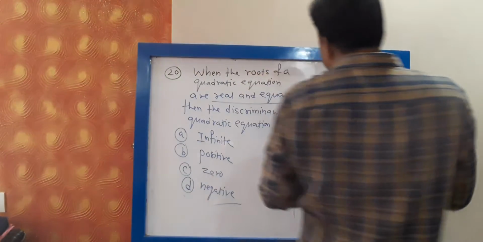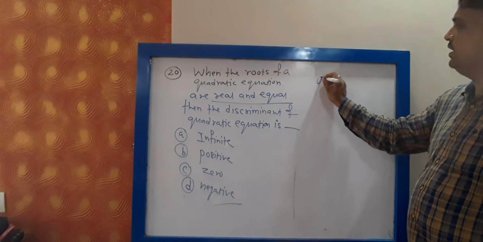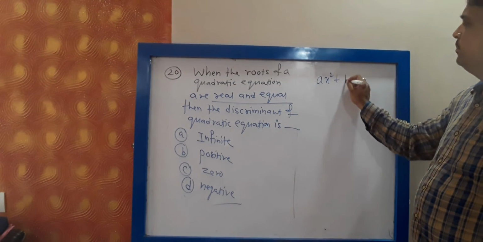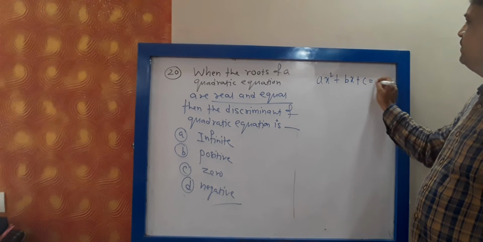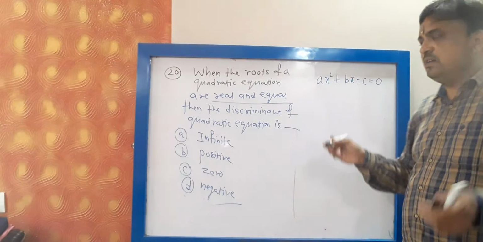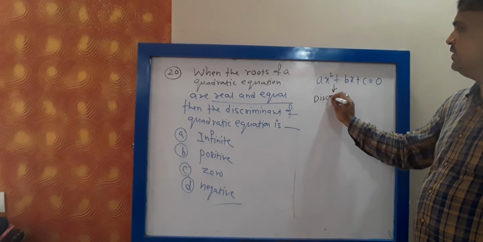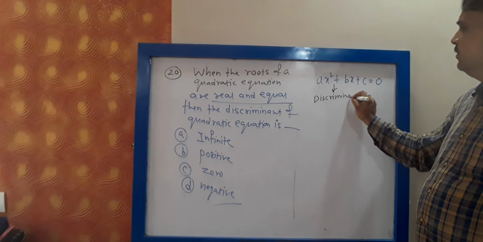We have already discussed the roots of the quadratic equation. You are given the quadratic equation ax square plus bx plus c equal to 0. For this given quadratic equation, we can find the roots and the discriminant. What is the discriminant?